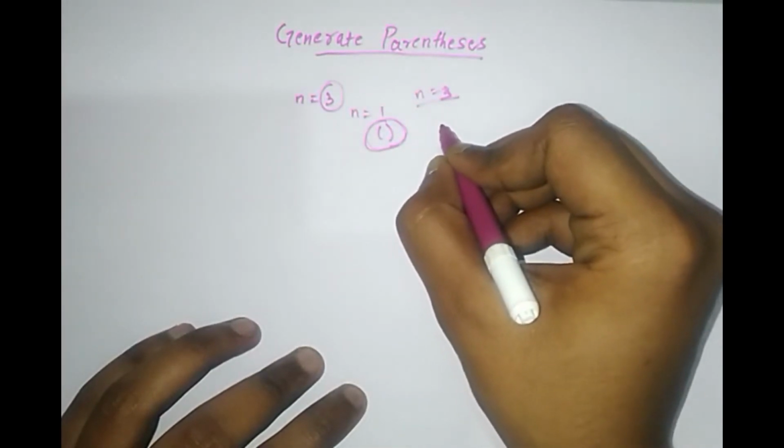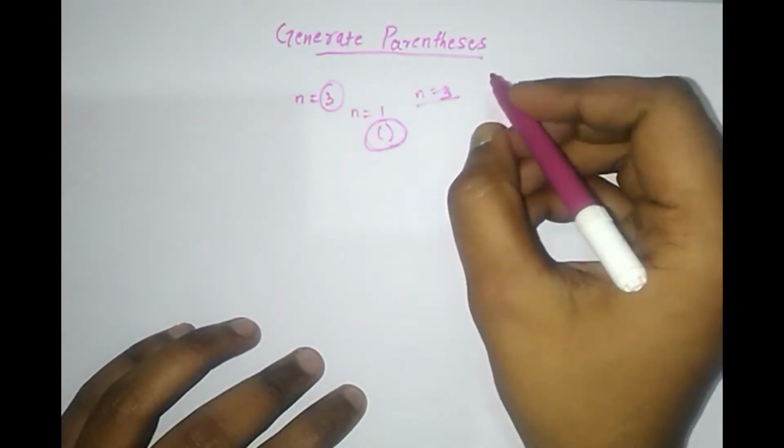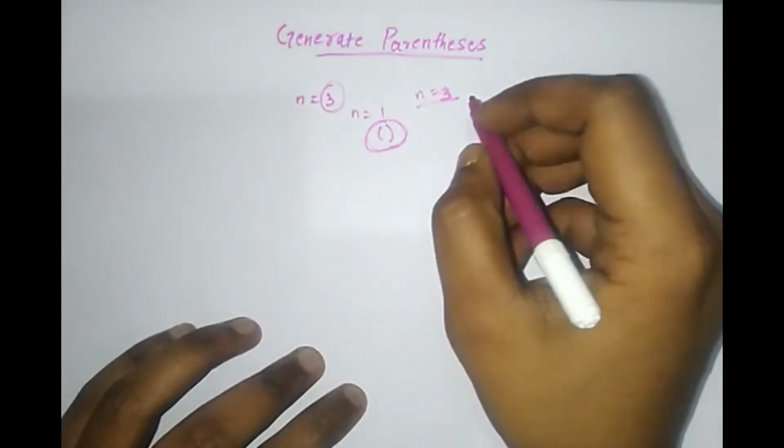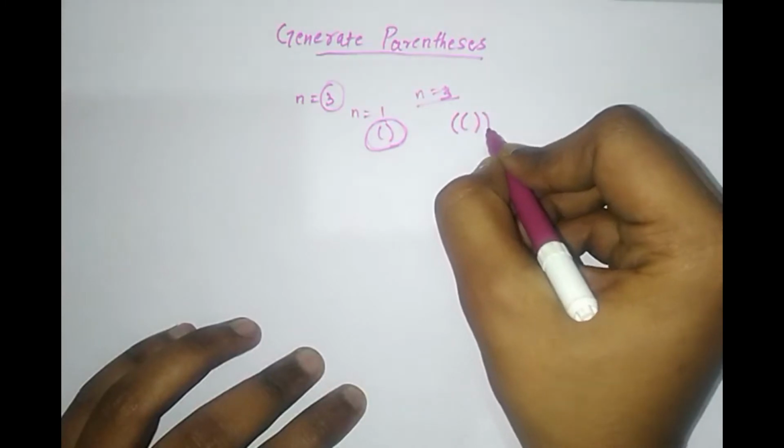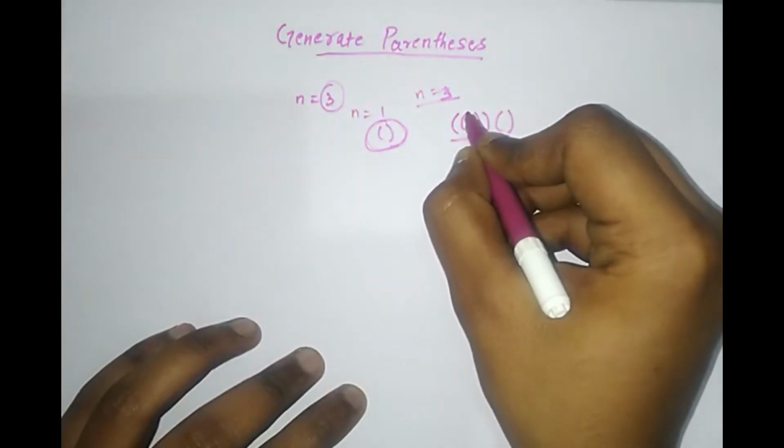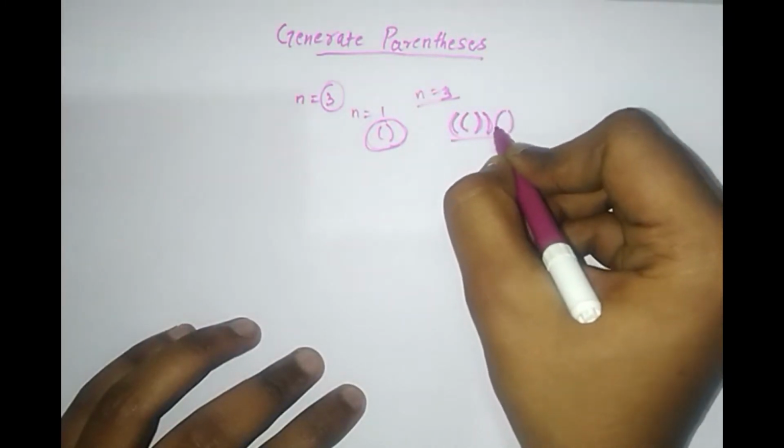For n equals 3 we have permutations of parentheses like this: first, second, third.